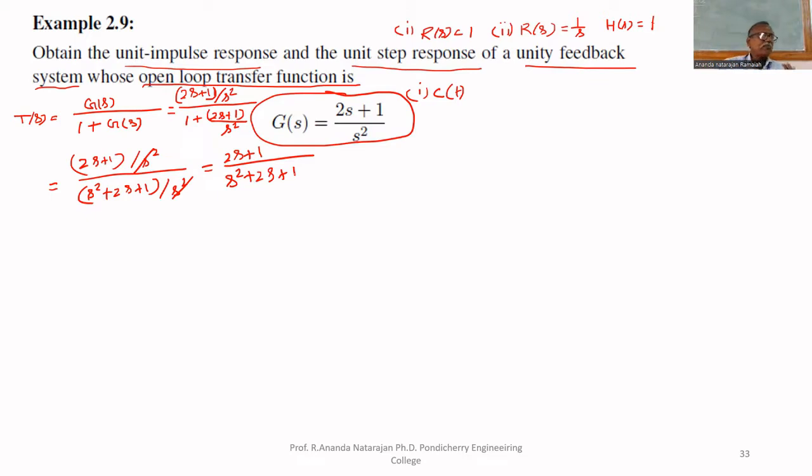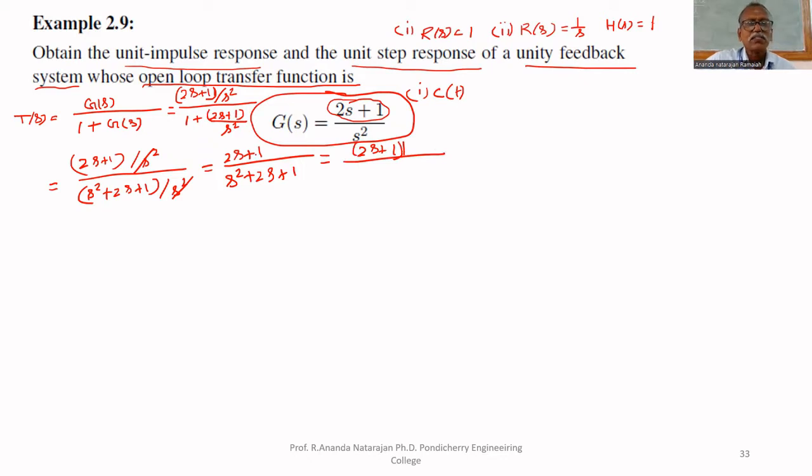If it is a unity feedback system, T of S can be directly written like this. Whatever the numerator for the open loop system is the same as for the closed loop system. There won't be any change in numerator. That's why we can write the numerator as such, 2S plus 1.